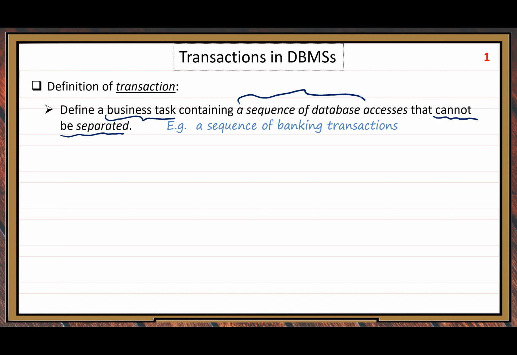So this transaction concept is created. The transaction concept is used by the system to protect the integrity of your transaction. So your transaction cannot be separated. Separation is not allowed. The system has its own internal mechanism to protect you against that breakdown.